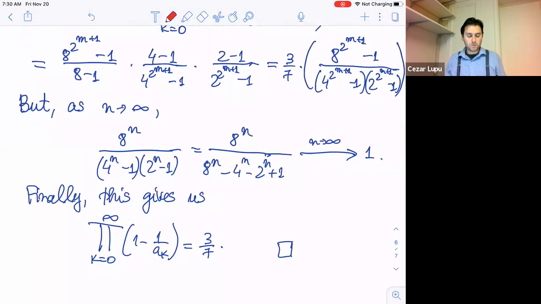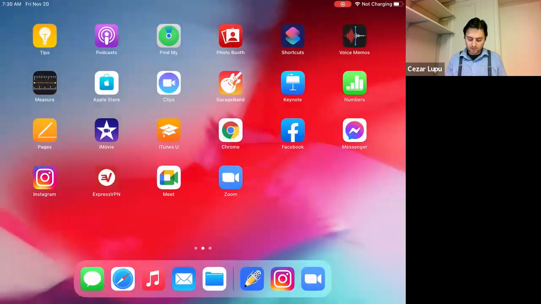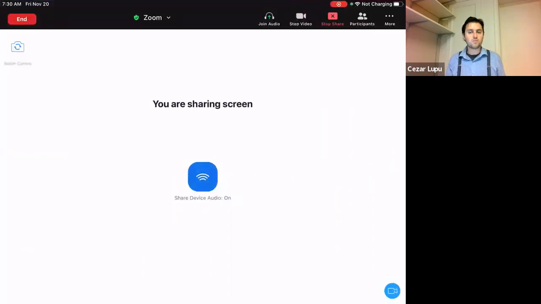Anyway, we'll compute the sum of other series when we have more material covered in analysis, such as differentiability.